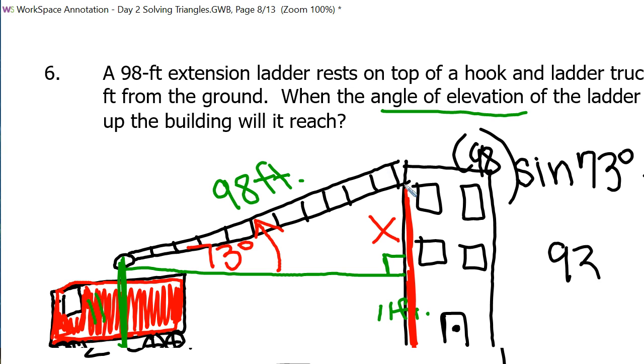We're going to round all sides to the nearest tenth. So you said 93.7? We agree? Yes. But that is just this piece right here. So once I have the 93.7, what do I need to do to that? Add that base length. And so what would our answer be?